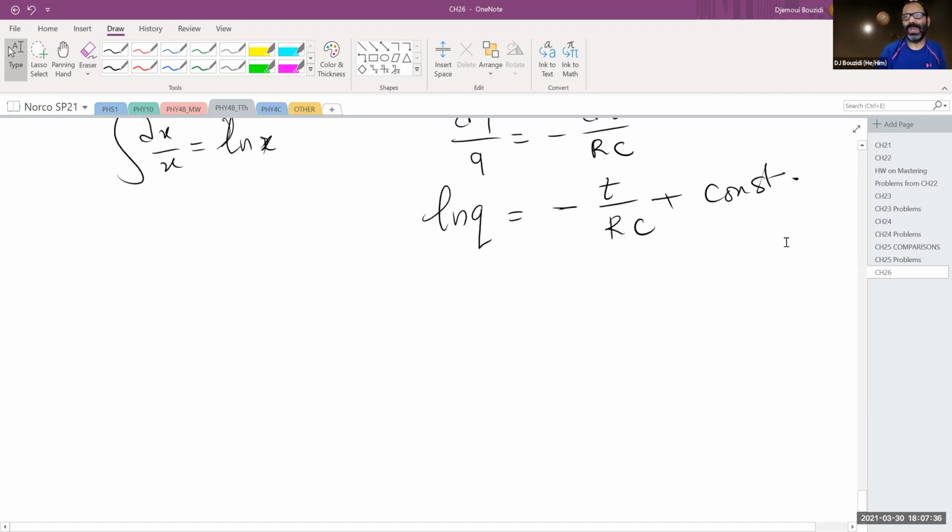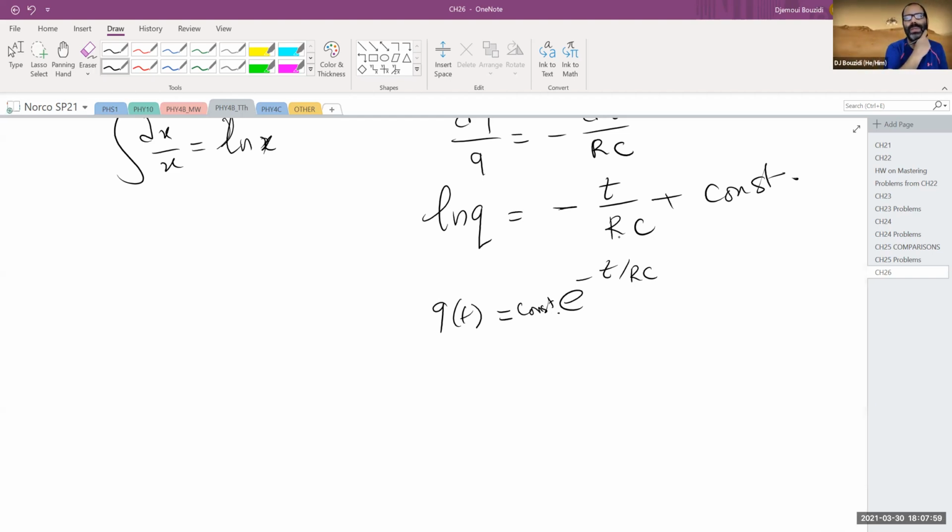Now, when I take the exponential of both sides, this is going to be Q as a function of time. This becomes the exponential of minus t over RC times the exponential of a constant, which is another constant. So I'm going to write it in here as another constant, not necessarily this constant. The exponential of 12 is just some number, okay? So just put it in there as another constant.